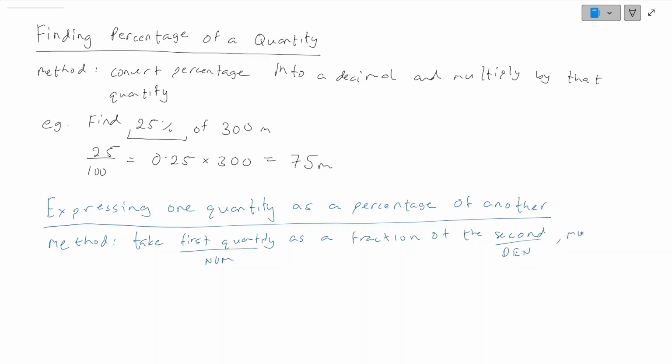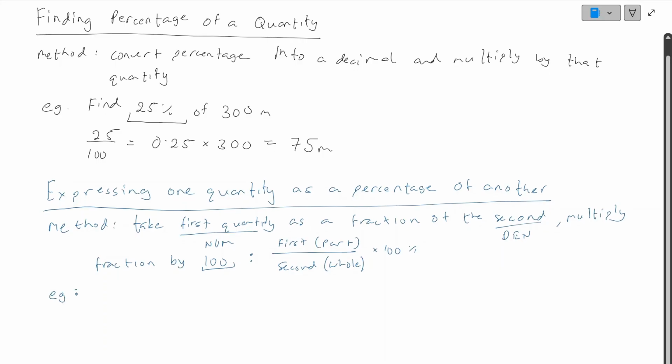And after that, multiply the fraction by 100 to have it in percentage. So as a formula, first quantity, which is the part, over the second quantity, which is the whole, times 100%.